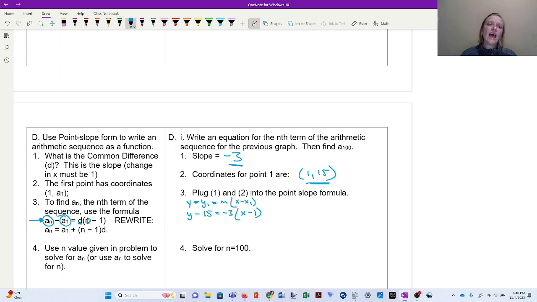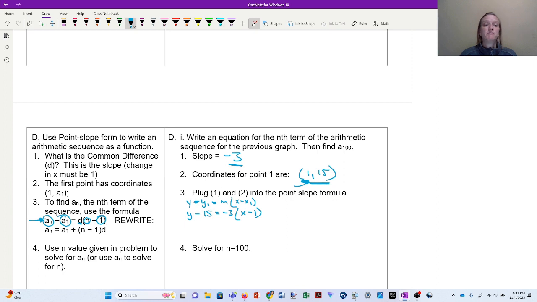And then n tells you which term in the sequence you're looking at. Are you looking at the first term, the 10th term, the 100th term? Minus 1. And the reason we're subtracting 1 is because we started with the first term in the sequence, and so the x value is 1.